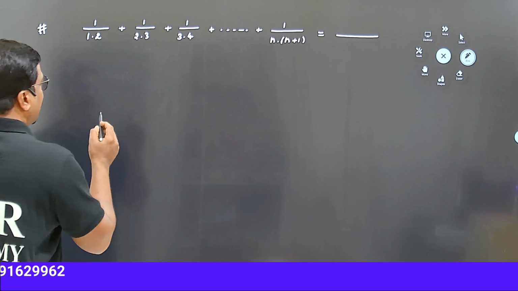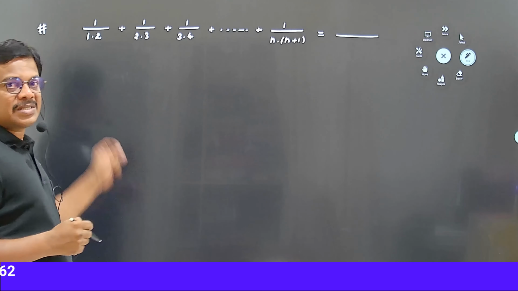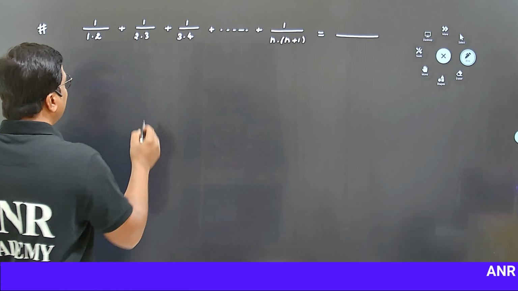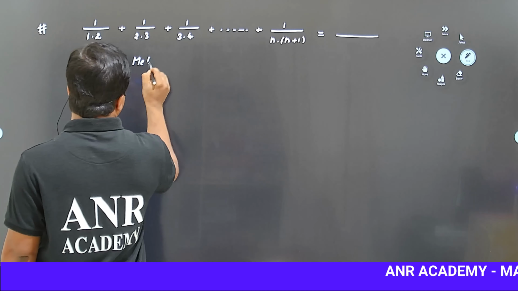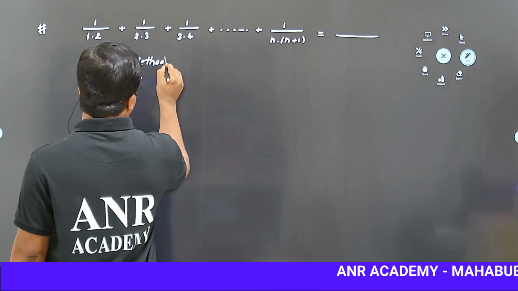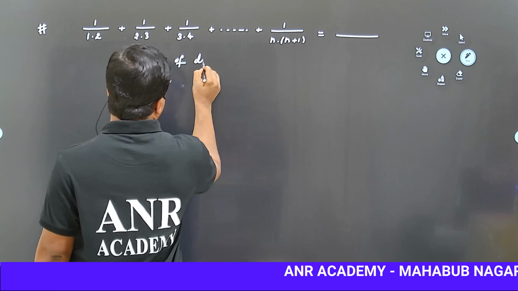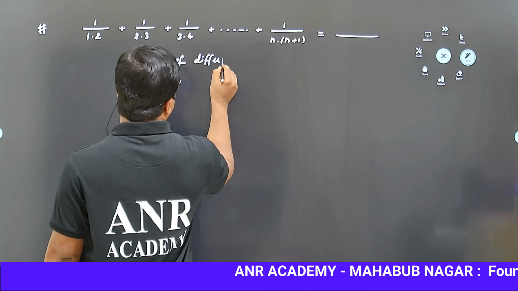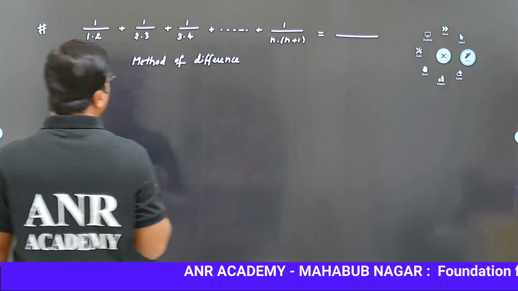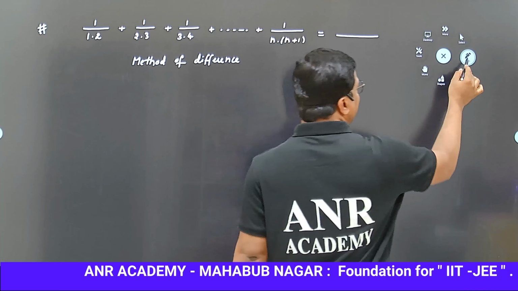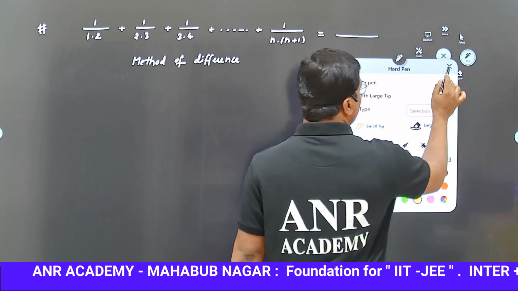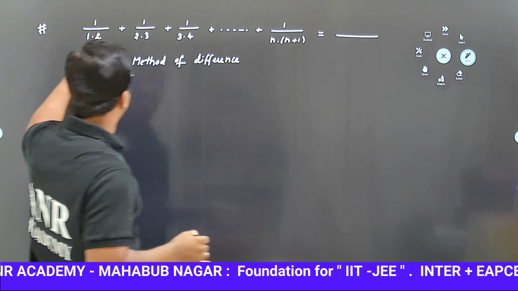So to solve such type of questions there is a breakdown called the method of difference. I am going to use the method of difference. Let us observe what this is. Here in the denominator you have greater value 2, least value 1.